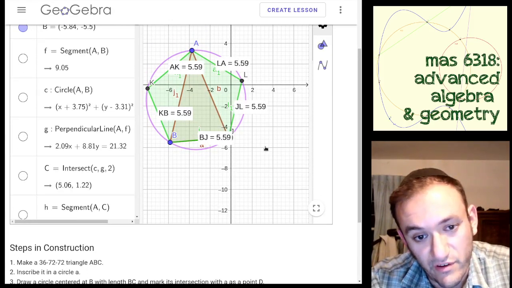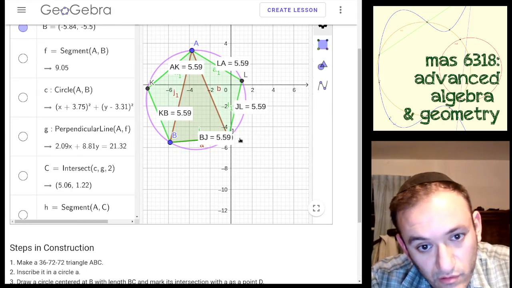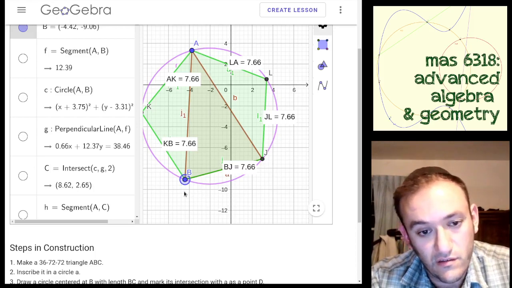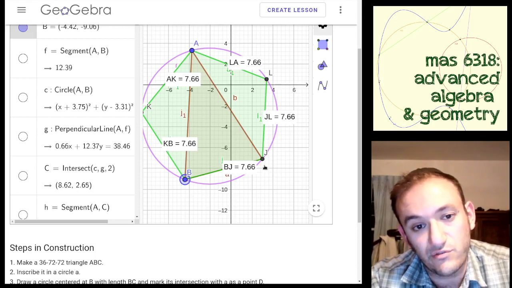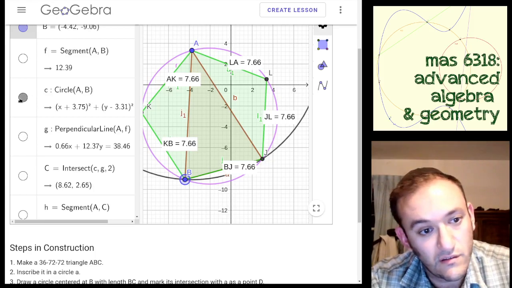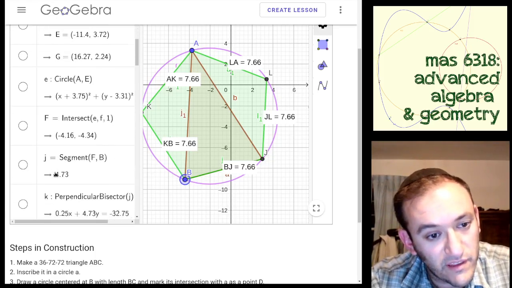So we have our 36, 72, 72 triangle. So we draw a circle. Let's find the appropriate circle.